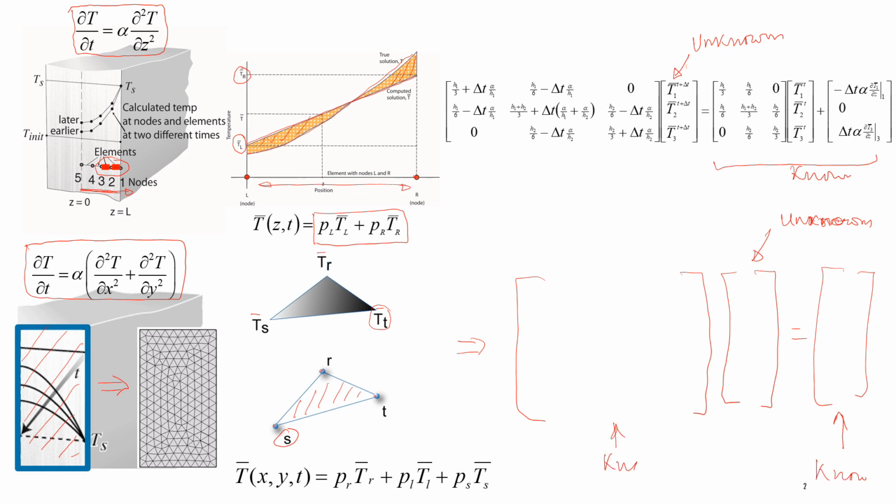Okay, so then our problem becomes inverting this matrix to obtain the unknown. So we start from the differential equation, but we end up with the algebraic equation with the unknown. So that is the process that we did for 1D, and it's the same for 2D.